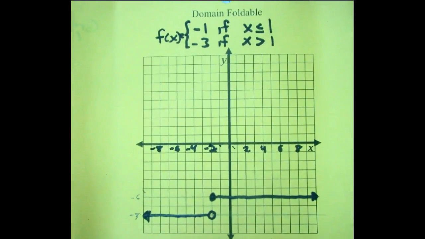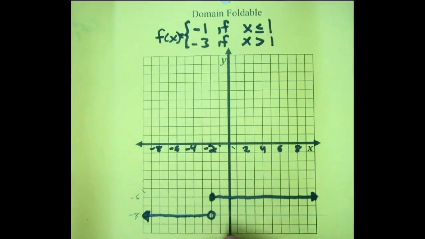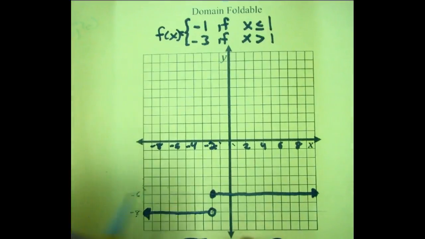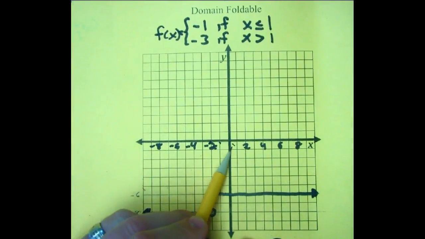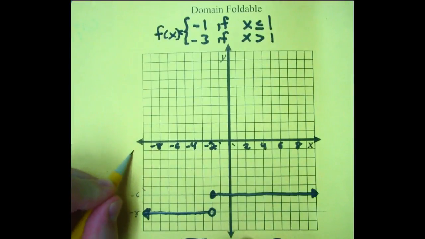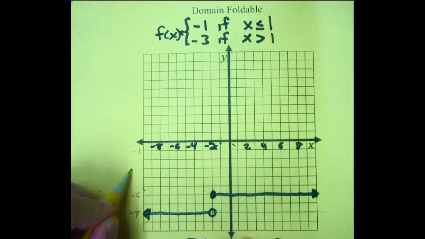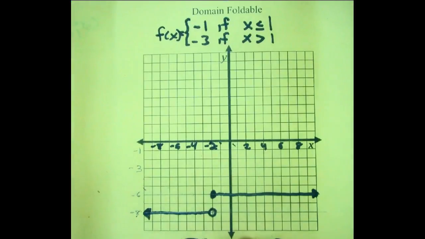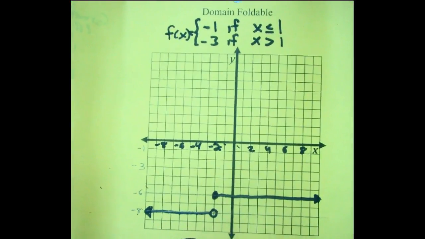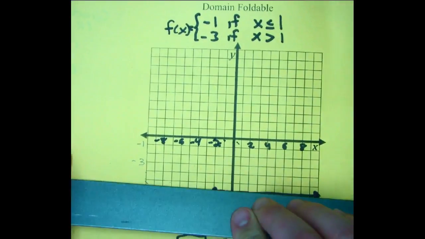So why don't you guys go ahead and graph -1 and -3, 2 horizontal lines. So this is 0, so -1. Draw a line through -1, it's -2, and that's -3. So draw 2 horizontal lines, one through -1, one through -3.